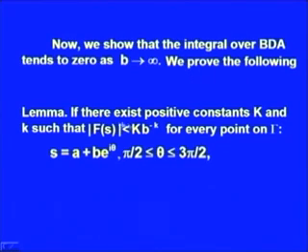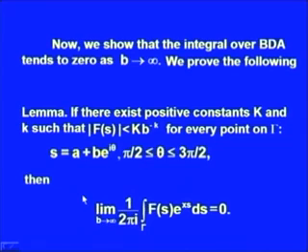Let us show that if there exist positive constants capital K and small k such that mod of f s is less than K times b to the power minus k for every point on gamma, which is described by s equal to a plus b e to the power I theta, pi by 2 less than or equal to theta less than or equal to 3 pi by 2, then limit of 1 over 2 pi I integral over gamma f s e to the power x s goes to 0 as b goes to infinity.